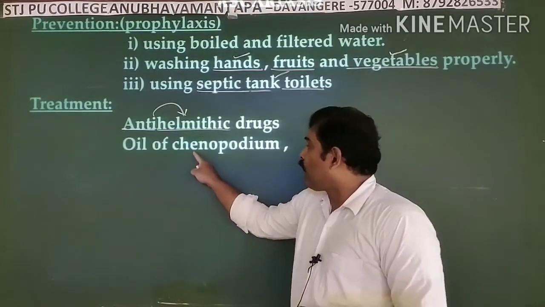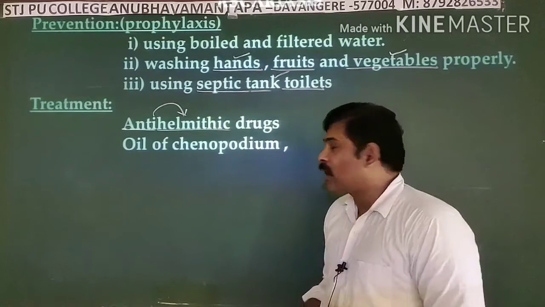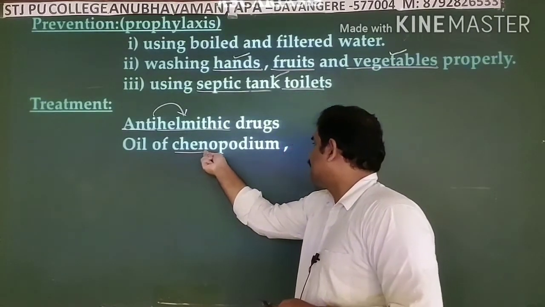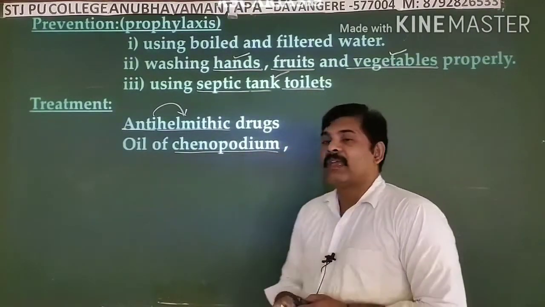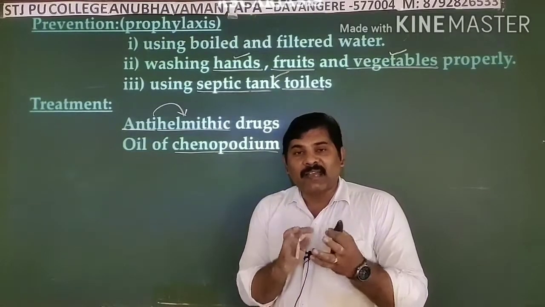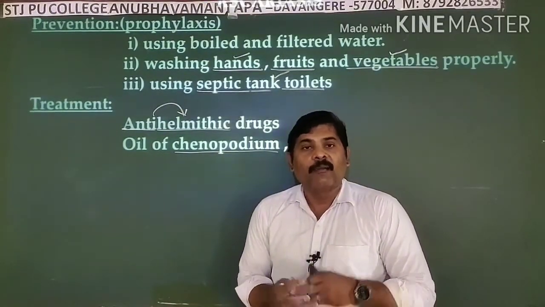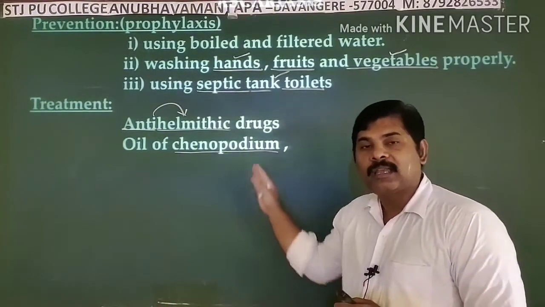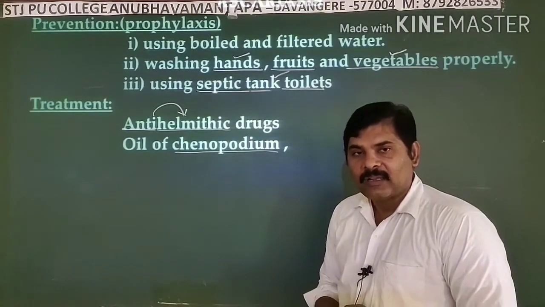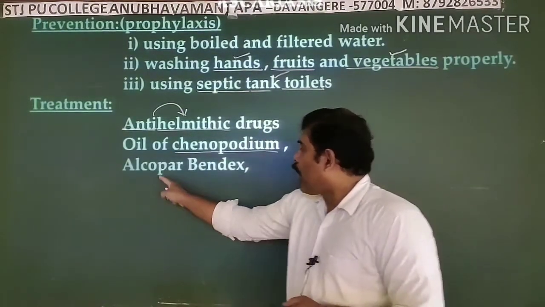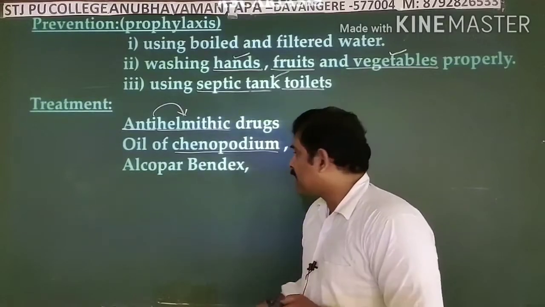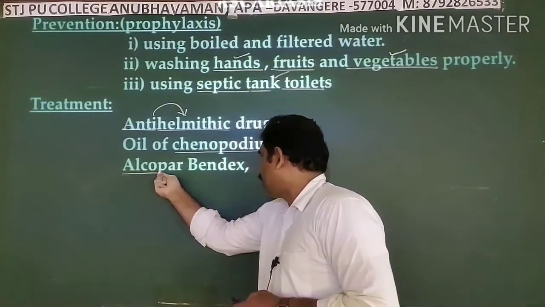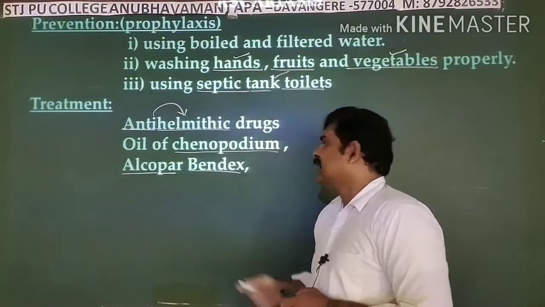See this one, the oil of chenopodium is one important thing. Podium is actually the name of a plant, from which we can extract a certain kind of oil. By using this oil, we can kill this parasite to some extent. Next one is albendazole, another drug.